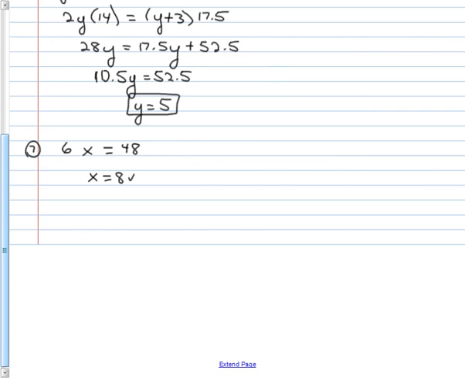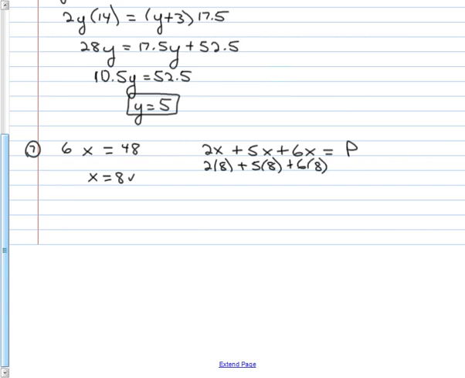So now that we know x is 8, we can come back. They have told us 2 to 5 to 6. So 2x plus 5x plus 6x must equal the perimeter of this triangle. And we know what x is. x is 8. 2 times 8 plus 5 times 8 plus 6 times 8.